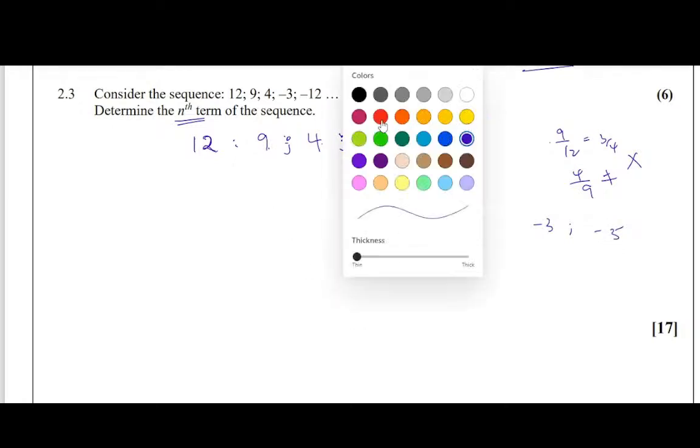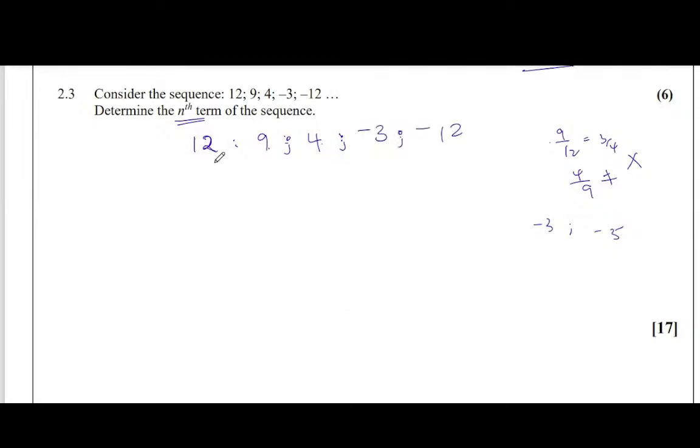So we're just gonna change that, and let's try the last option, which is the quadratic. We're saying T2 minus T1 must give us our first difference. So 9 minus 12 is a -3. And then 4 minus 9 is a -5. And then -3 minus 4 is gonna be -7.